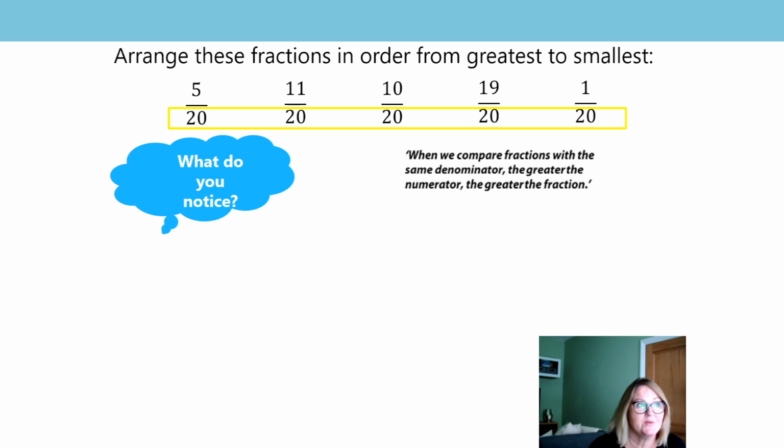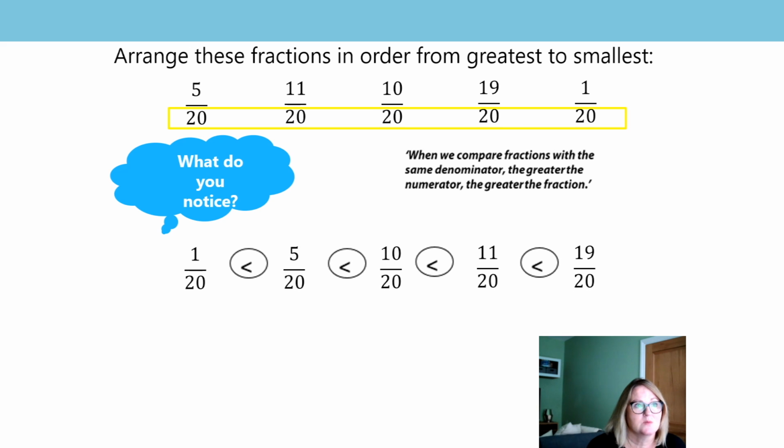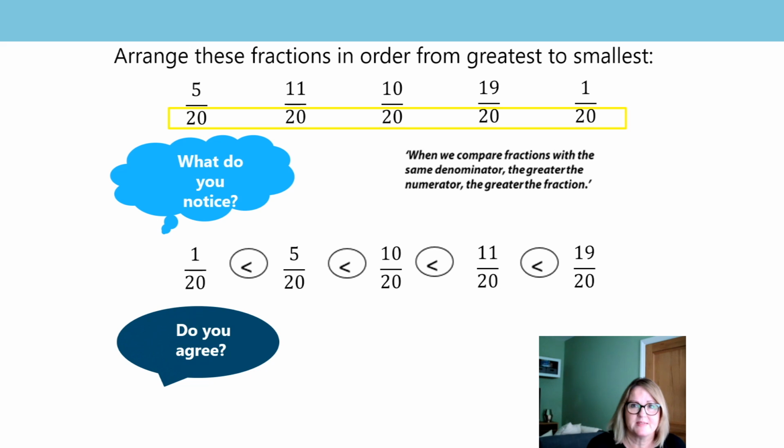Okay, have you had a go? Fab. Well, Majd in my class has done this. Okay, 1/20th is less than 5/20ths, is less than 10/20ths, is less than 11/20ths, is less than 19/20ths. Do you agree with him? Is that what you wrote down?